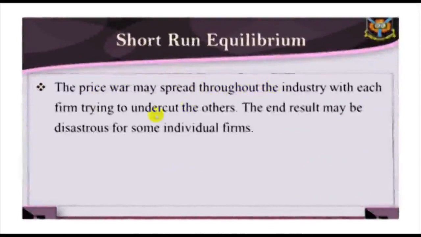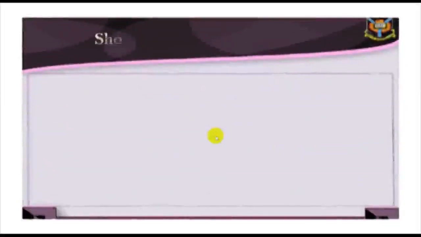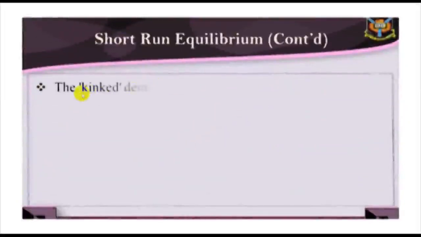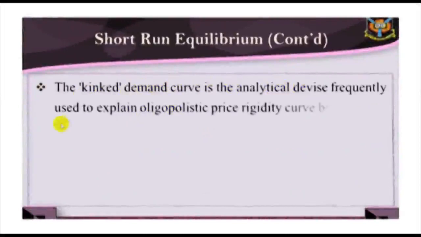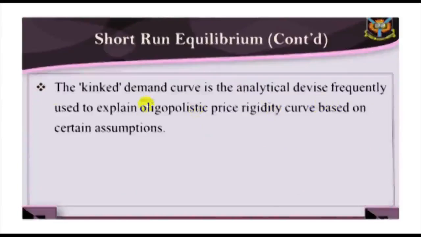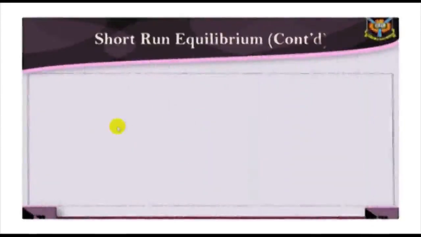The price war may spread throughout the industry, with each firm trying to undercut the others. The end result may be disastrous for some individual firms. The kinked demand curve is the analytical device frequently used to explain oligopolistic price rigidity. The framework is however based on certain assumptions.